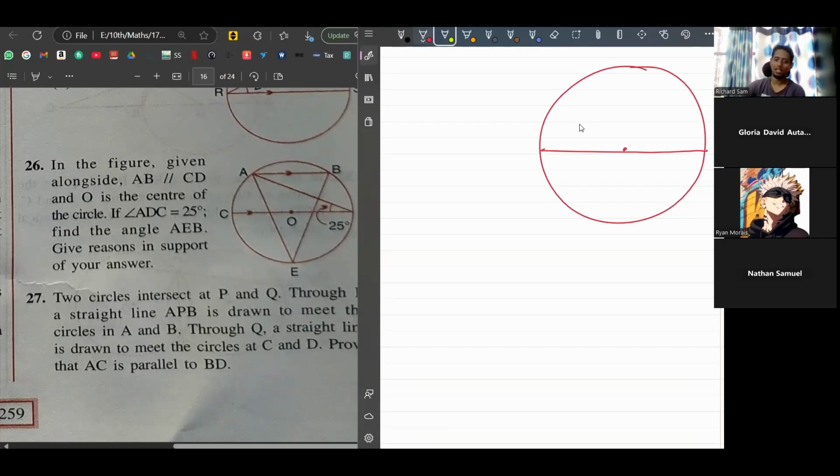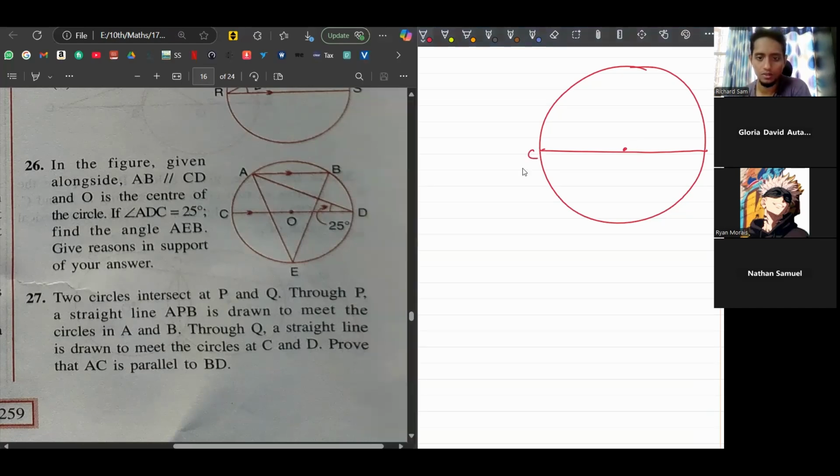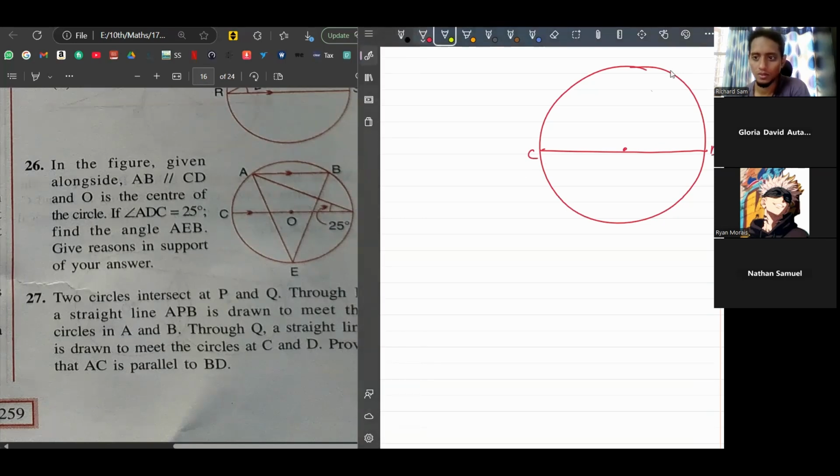That theorem is called what? Angles in a semicircle is 90 degrees. Any other property you see over here? I see a parallel line. So when you see two parallel lines, what properties can you think of? All these corresponding, alternate interior, all these properties of parallel lines can be used.